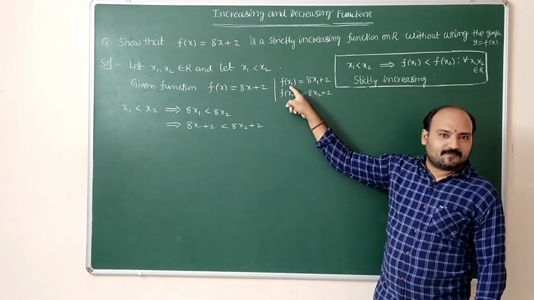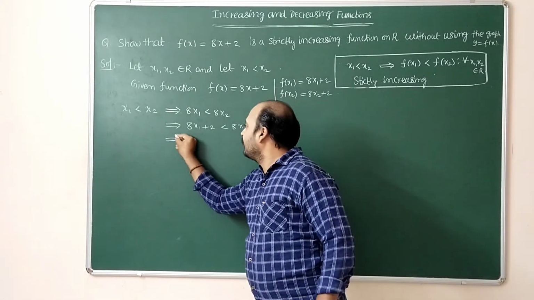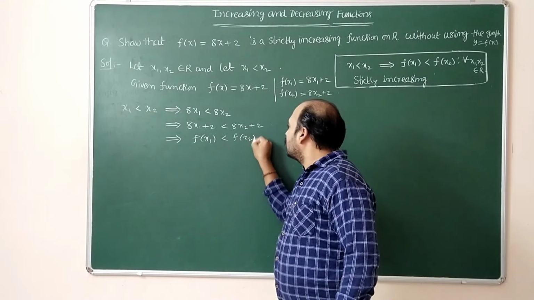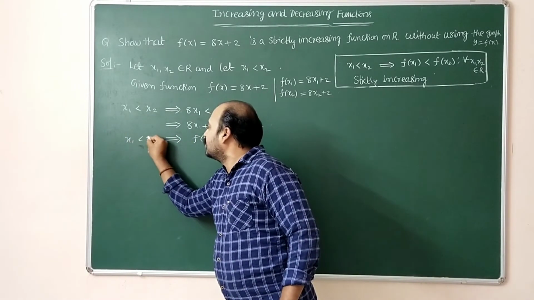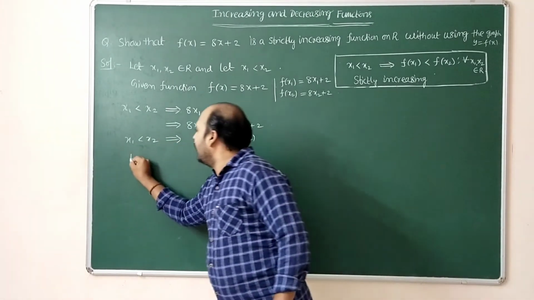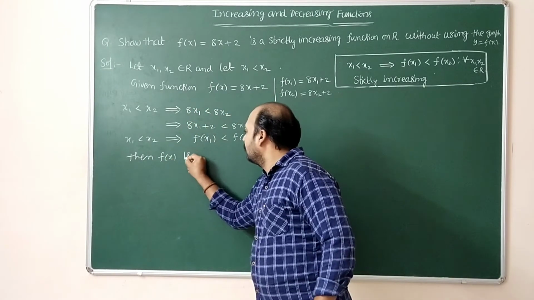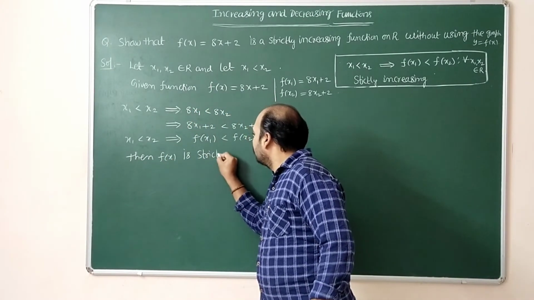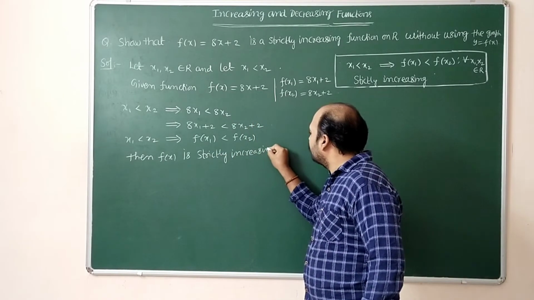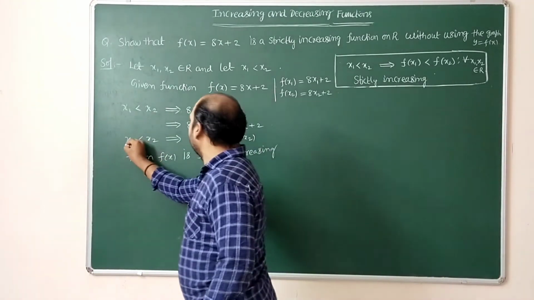It is f of x1. What is 8x2 plus 2? It is f of x2. That implies f of x1 is less than f of x2. So whenever x1 is less than x2 implies f of x1 is less than f of x2, then f of x is strictly increasing. Hence proved. This is the way you have to prove the given function is strictly increasing or decreasing.